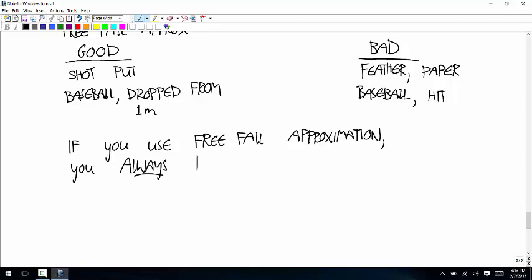You always know the object's acceleration. It's 9.81 meters per second squared directed down.